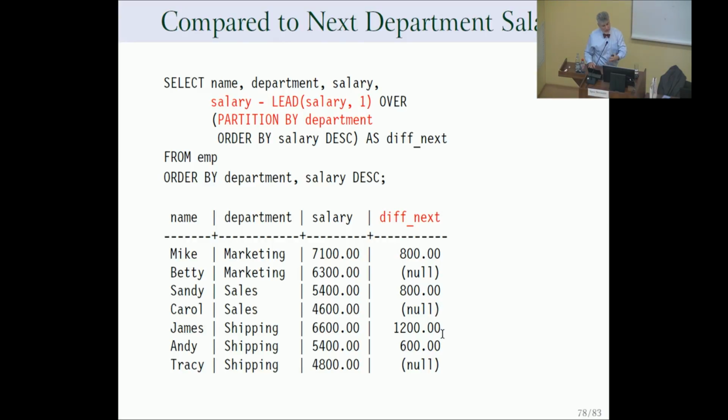There's nobody less. James is more than 1,200 more than Andy, which is, wow, impressive. And then Andy is 600 more than Tracy, and Tracy, there's nobody less than Tracy. So you kind of get the idea. This is now comparing not to the average for the department, but to the next lower salary in the department.